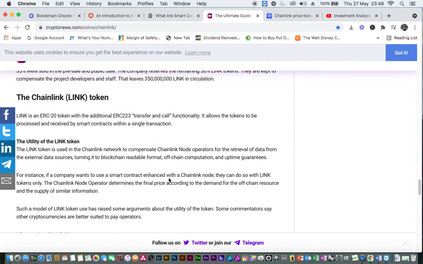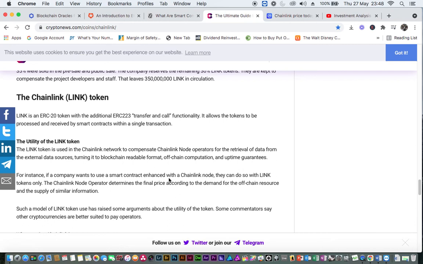For instance, if a company wants to use a smart contract enhanced with Chainlink nodes, they can do so with LINK tokens only. The Chainlink node operator determines the final price according to the demand for the off-chain resources and supply of similar information.